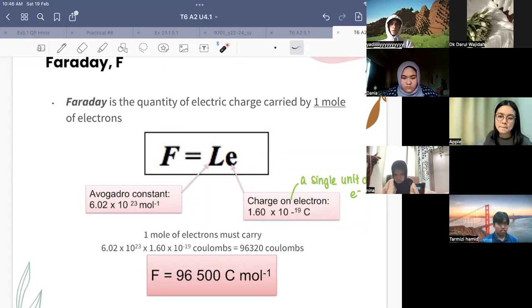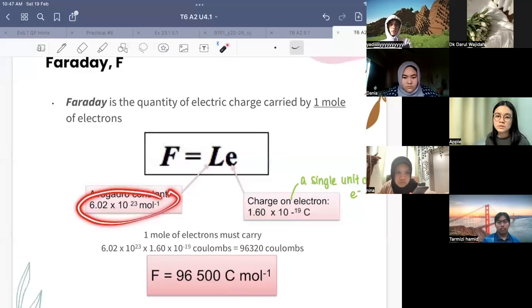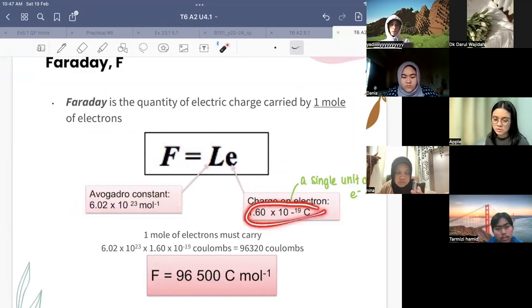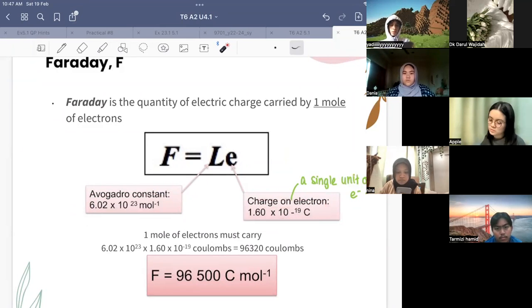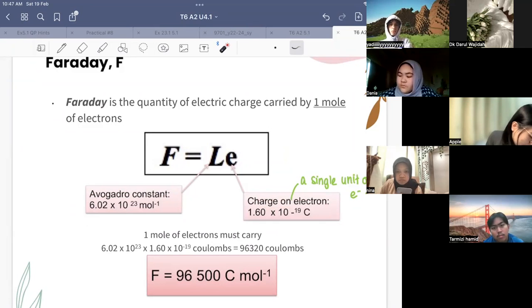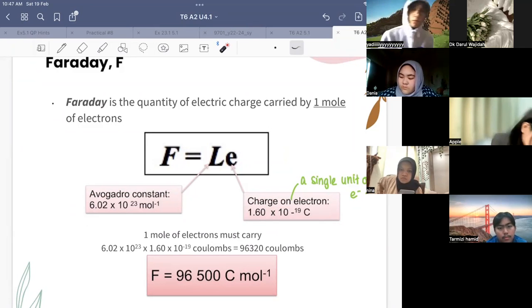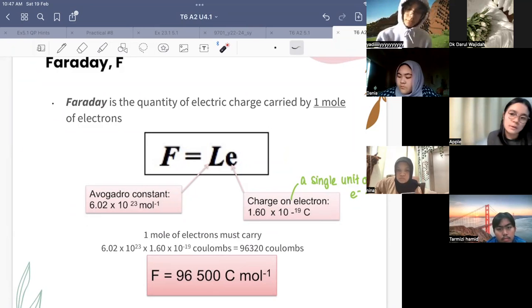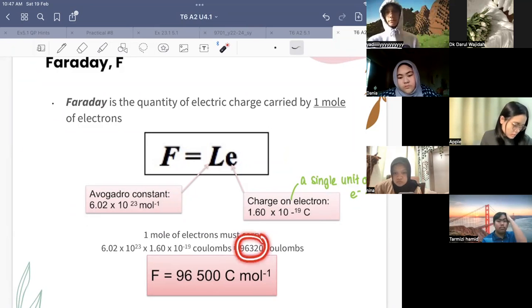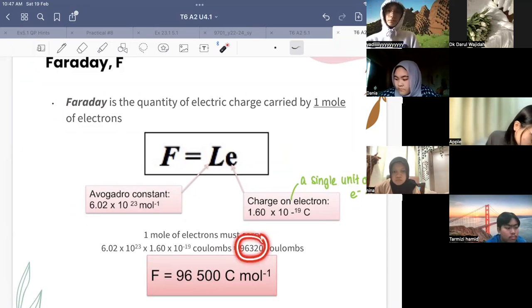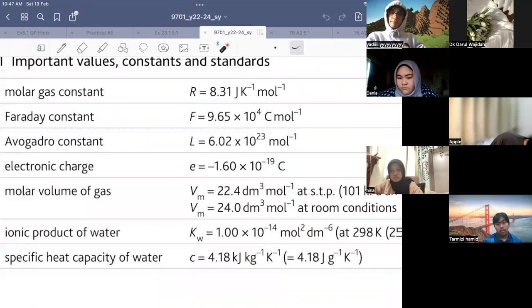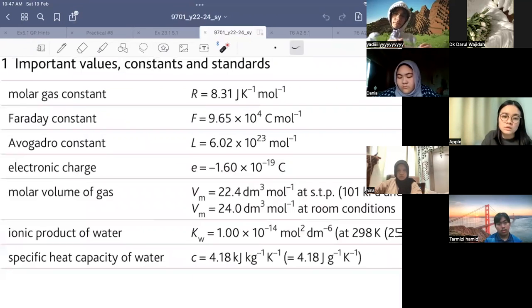If I calculate it using my calculator, which I think you should try, taking your Avogadro's constant as 6.02 and the charge of a single electron as 1.6 times 10 to the power of minus 19, you get 96320.